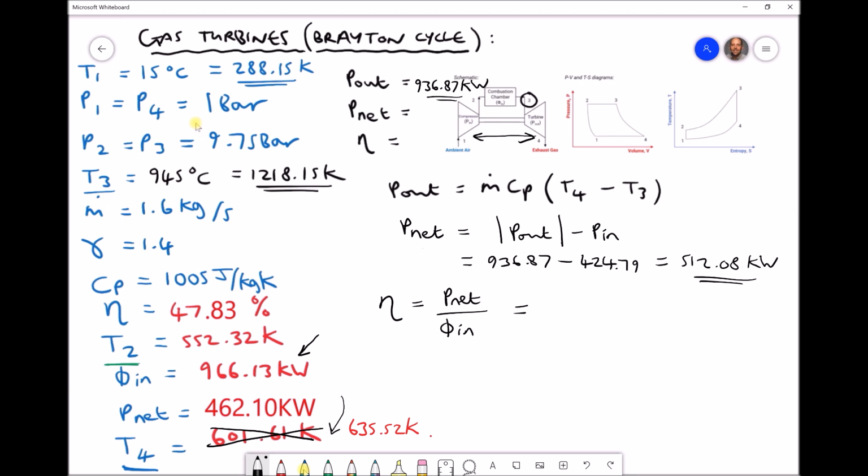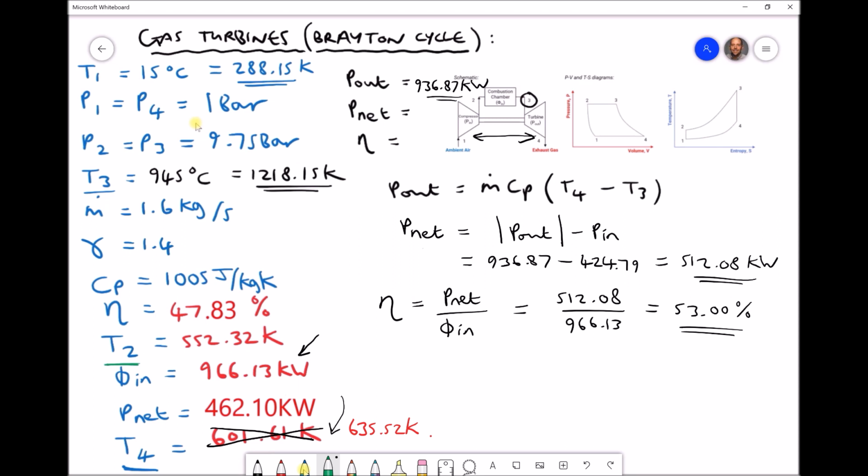So let's run our calculation. We have 512.08 for the net power output. We have 966.13 for the rate of heat input, giving us, as a decimal, an efficiency equal to 0.5300 or 53.00%.